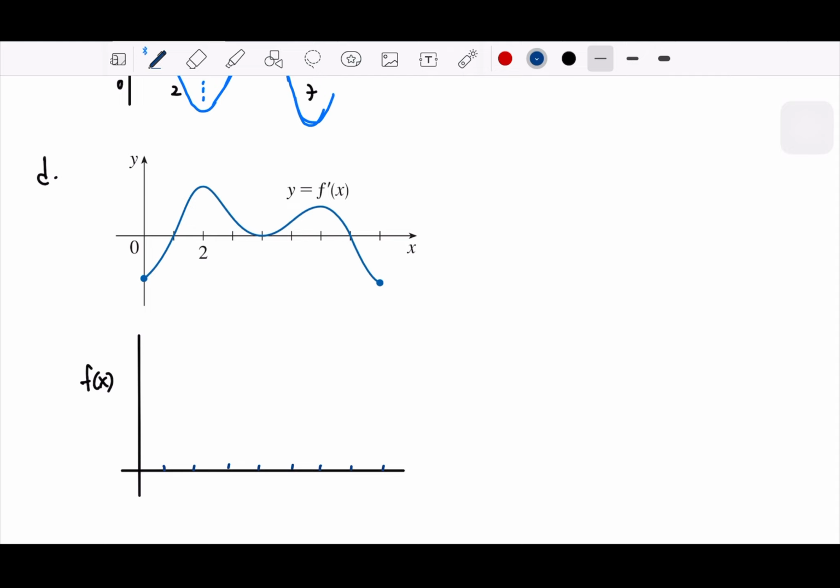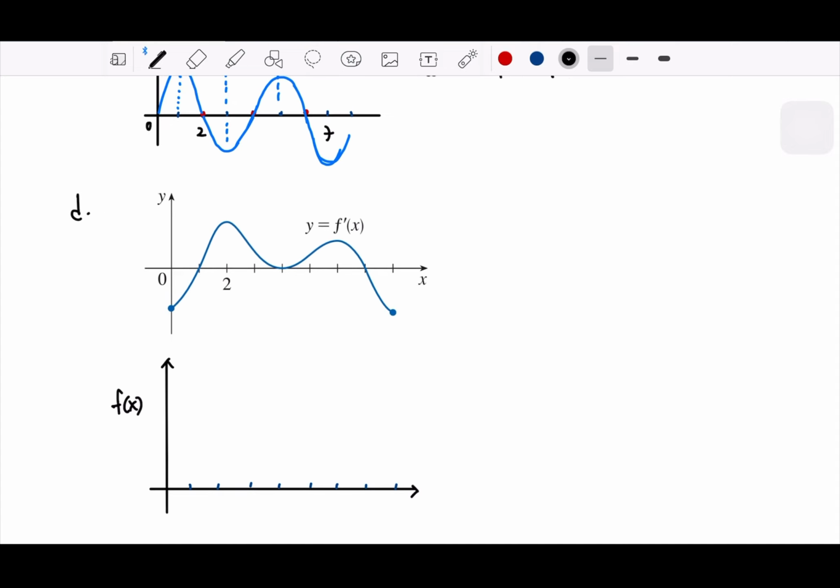So how do we deal with the f of x? First, we see some x equals 1 and 7.